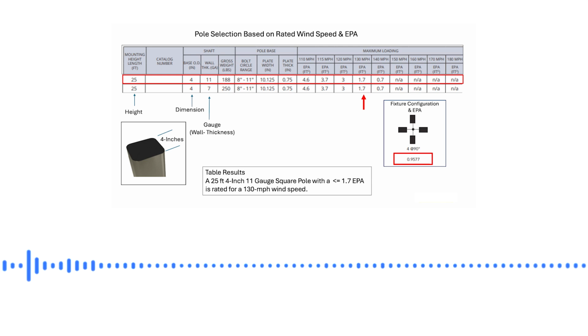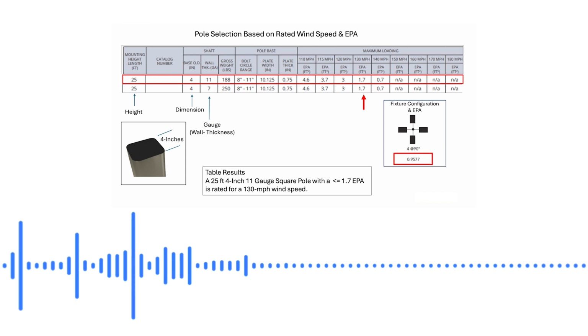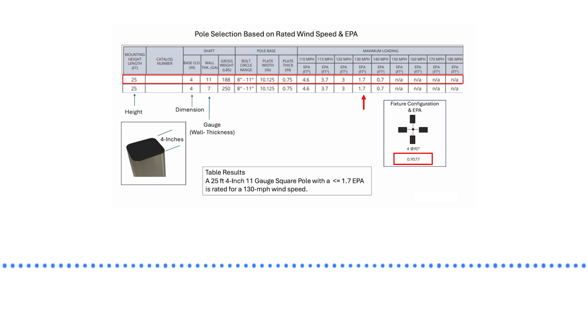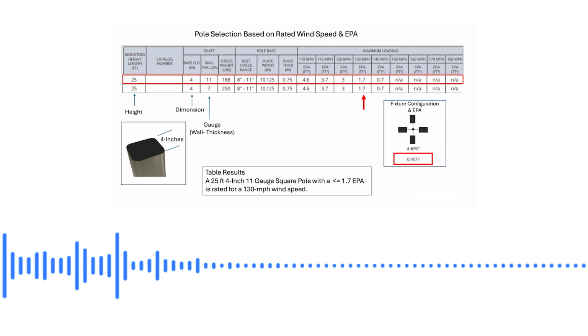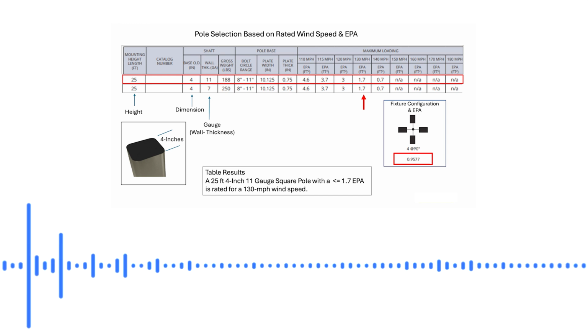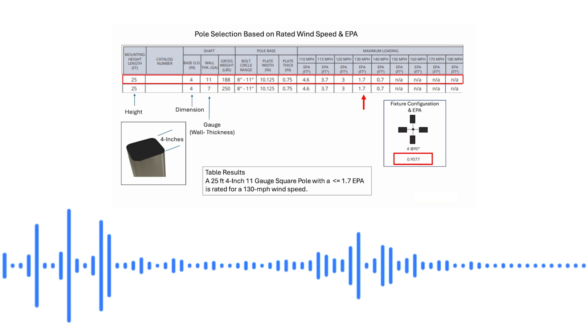Typically you have either a 4 or 5 inch diameter or square pole, and under extreme cases where you have to design a pole to withstand hurricane winds of 180 miles an hour, you can go up to a 6 inch diameter or square, and then you would go with the lower gauge.